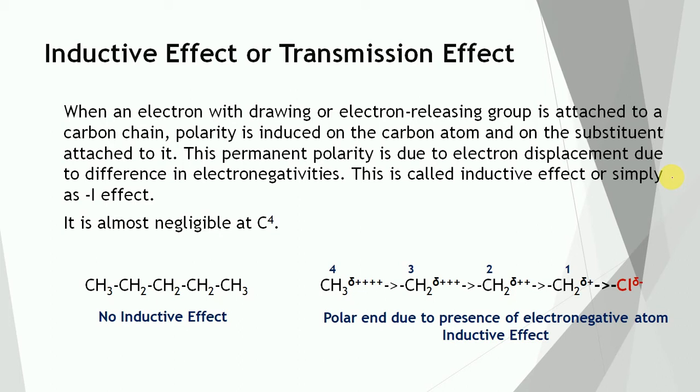We shall now discuss the different types of electron displacement taking place in organic compounds. So let us take the first one, which is called inductive effect or transmission effect. When an electron withdrawing or electron releasing group is attached to a carbon chain, polarity is induced on the carbon atom and on the substituent attached to it.